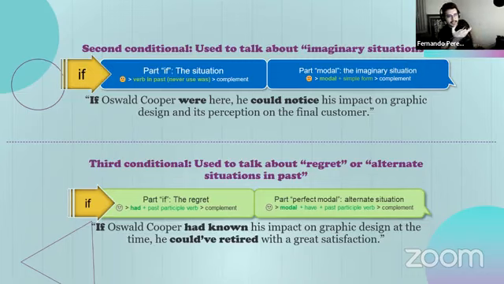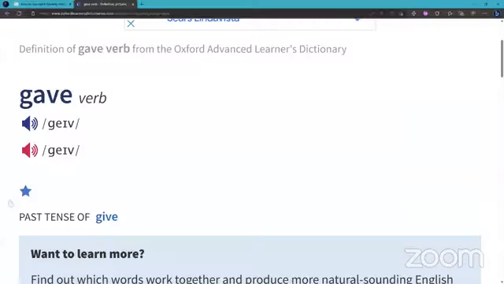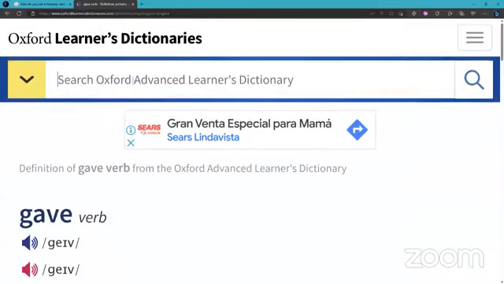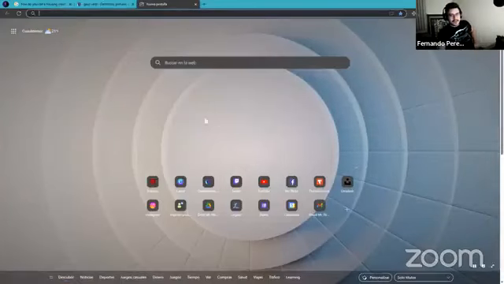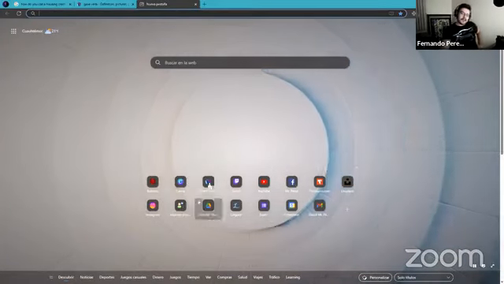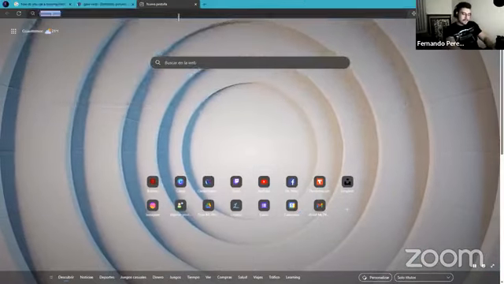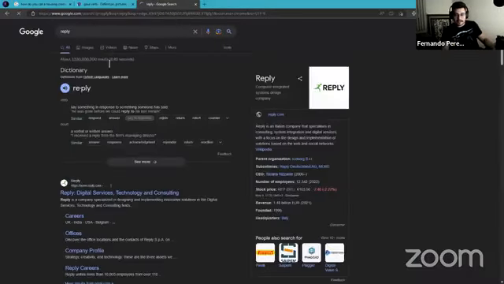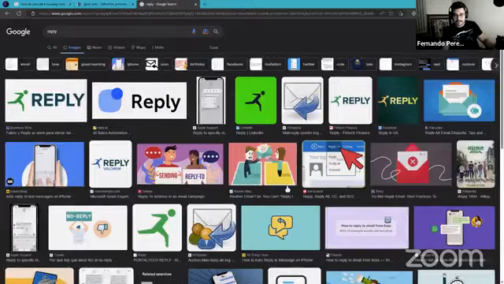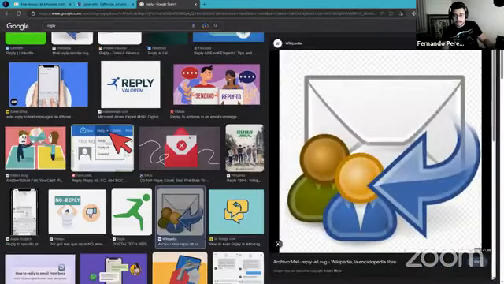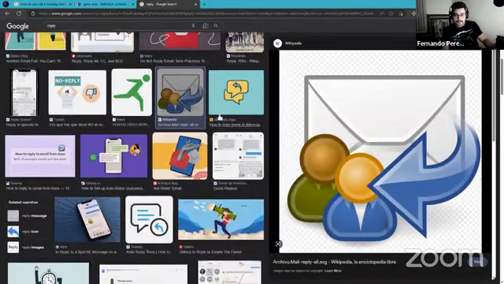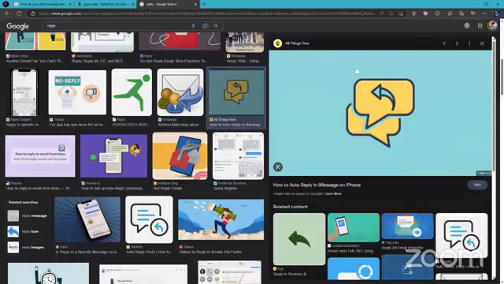Do you use emails and messenger in English? When you are using messenger or an email in English, you see this button. No, but I mean about the question.